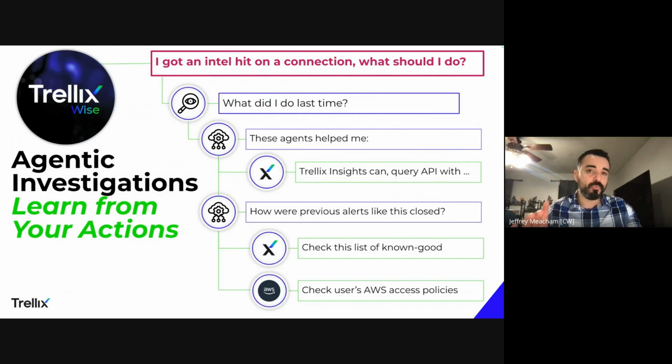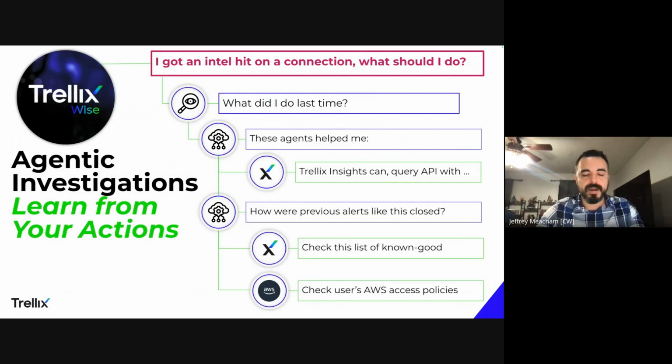It remembers which agents helped you, what data was pulled, how previous alerts like this were resolved, and what your organization considers acceptable or even risky. So maybe it sees that the connection was to a known good domain last time, or that the same user has AWS access policies that make this normal behavior.